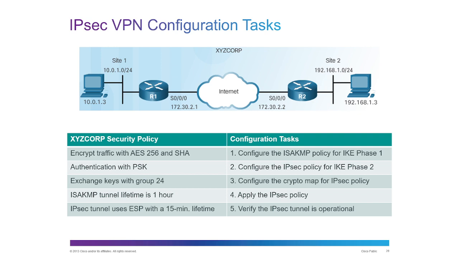It will say for key exchange, it has to be group 24 key exchange. Then for the IPsec tunnel, it is only valid for 1 hour. So every 1 hour it has to be renewed. Then if you are using ESP, each IPsec tunnel is only valid for 15 minutes. So we'll have a number of these things as part of the policy.